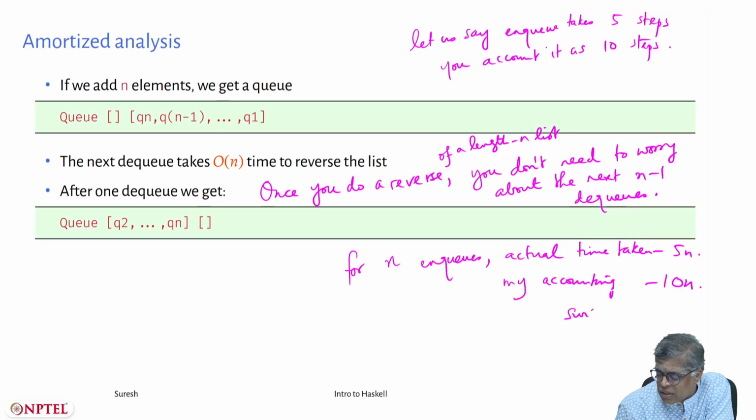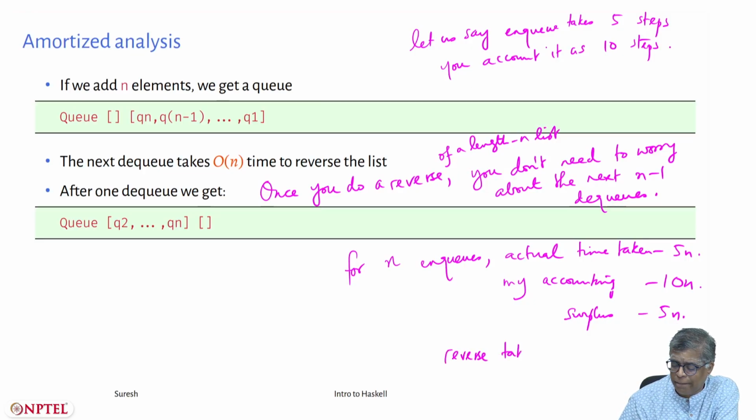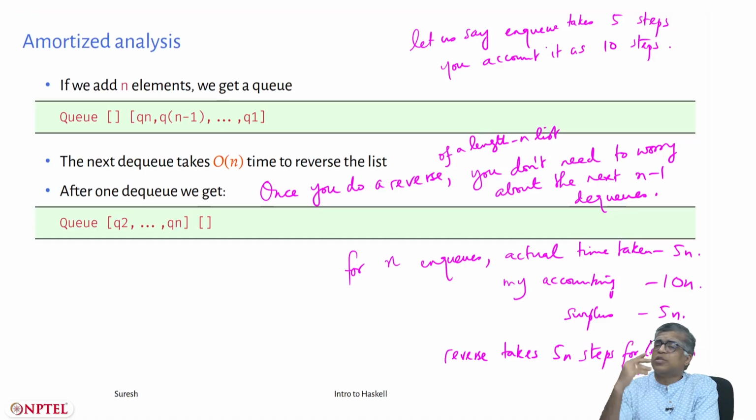So, what is the surplus? 5n, and I use the surplus to pay for this reverse. Let us say reverse takes 5n steps for a length n list, right. Anticipating a later reverse, when I try to DQ, I will already keep putting some money in the hundi, let us say, so that later I can break the hundi open and use it. Okay, this is what amortization is.